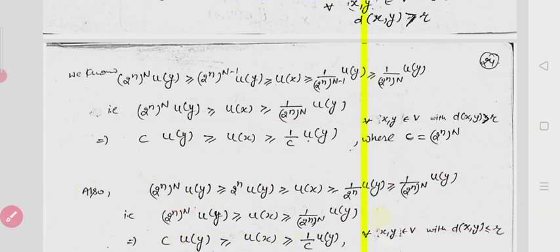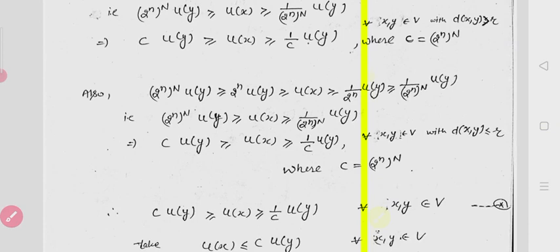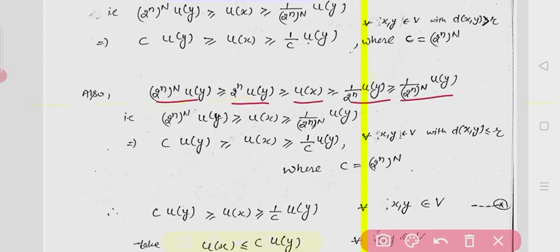So we can say that the distance between this is greater than equal to this one and u x is greater than equal to this thing and that is greater than equal to this thing.